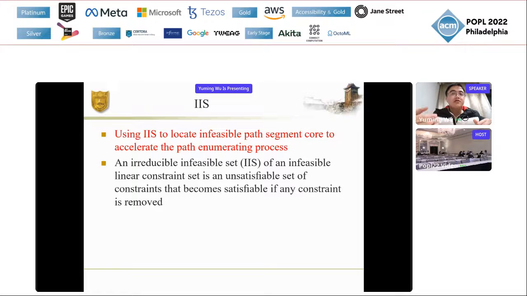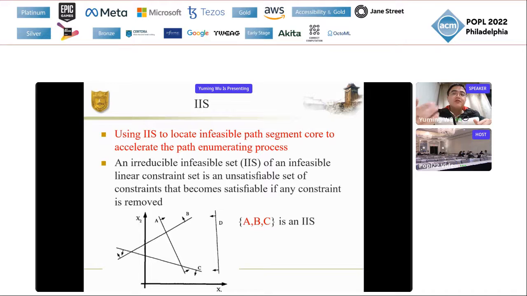We use the irreducible infeasible set method to locate the infeasible core path segments in rho and exclude all paths that contain such infeasible path segments. An irreducible infeasible set of an infeasible linear constraint set is an unsatisfiable set of constraints that becomes satisfiable if any constraint is removed. For example, A, B, C here is an IIS and D is irrelevant.